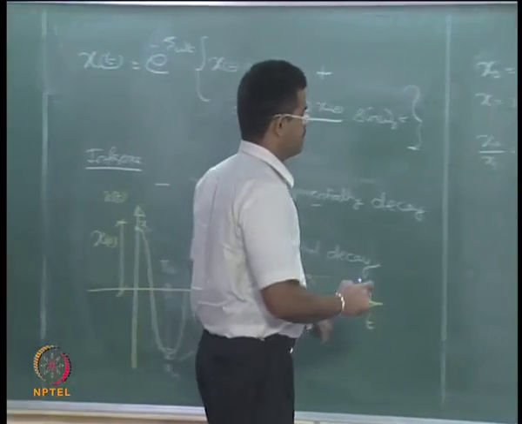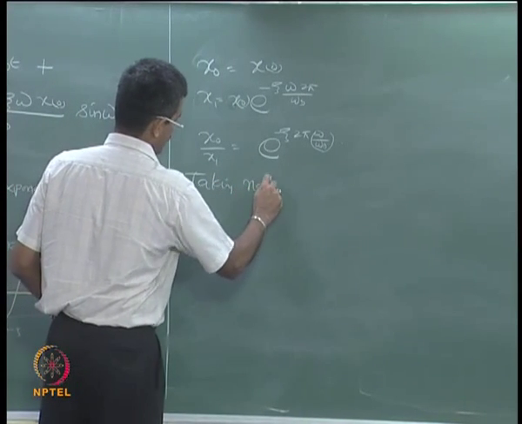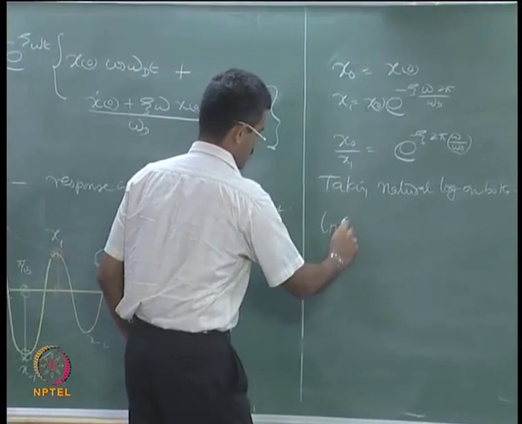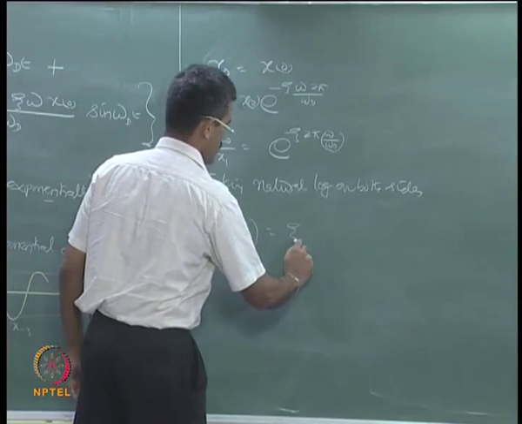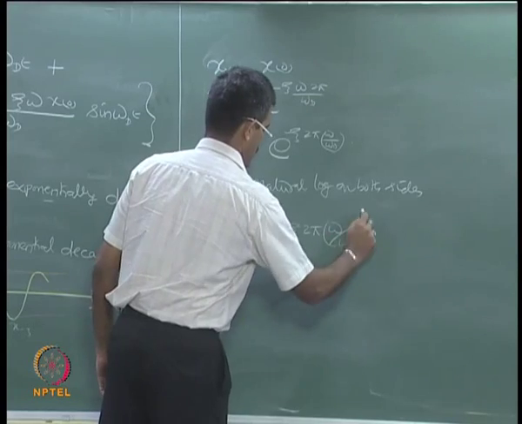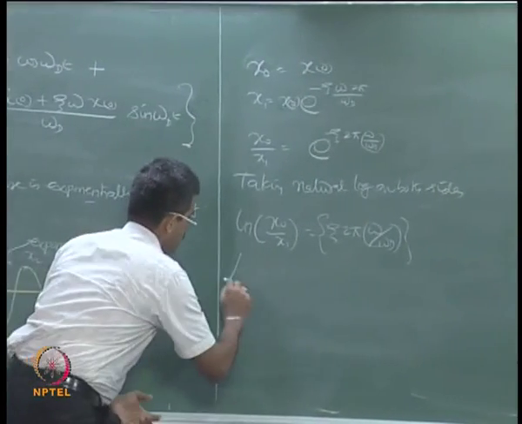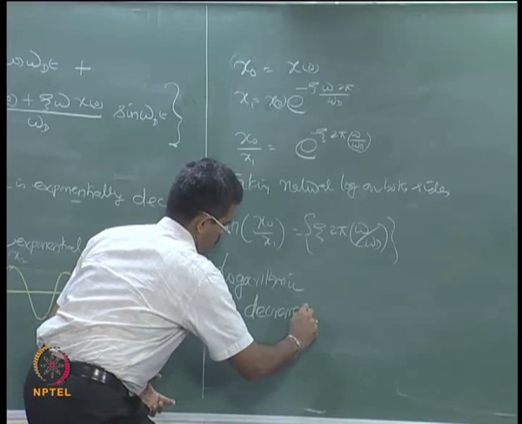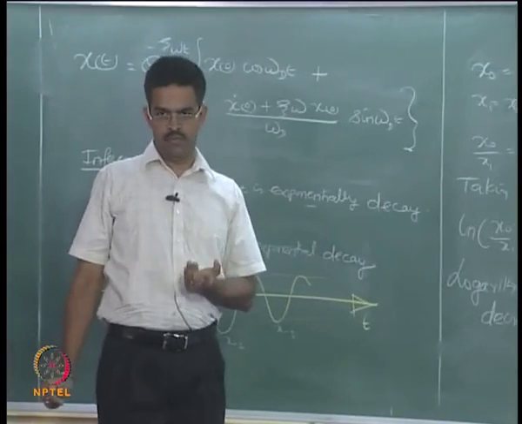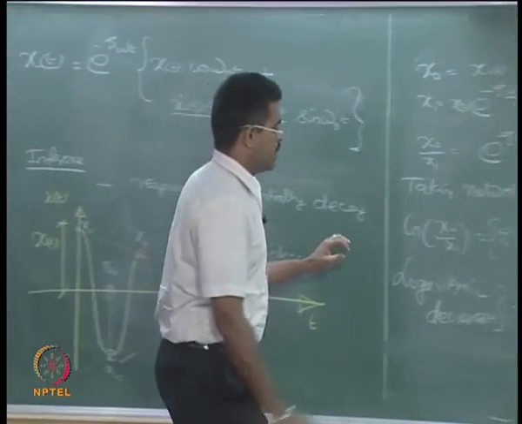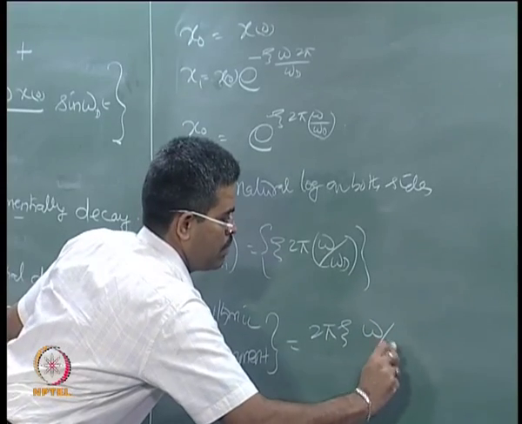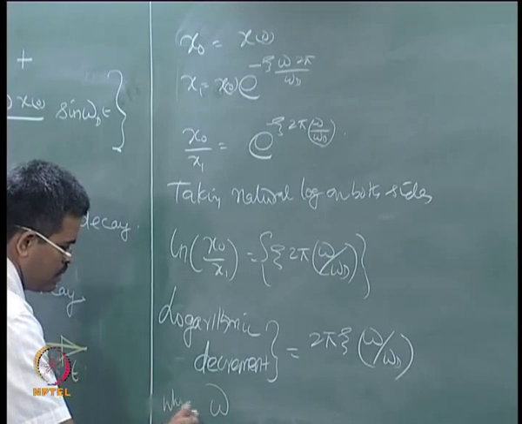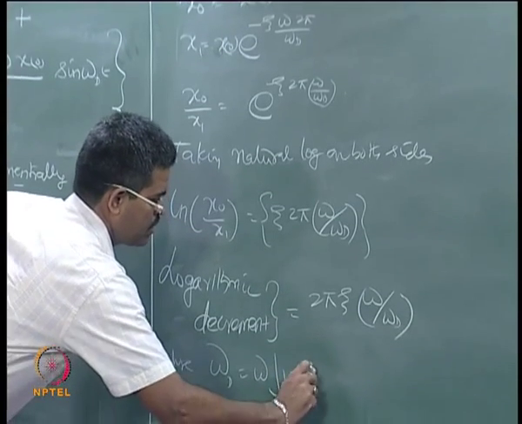I take natural log on both sides. This is what we call the logarithmic decrement, which is nothing but 2 pi zeta omega by omega d, where omega d is given by omega times the root of 1 minus zeta square.